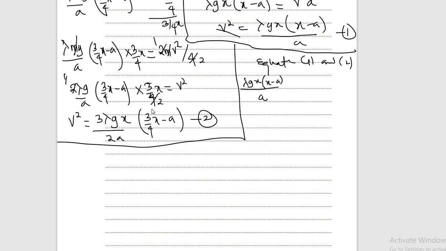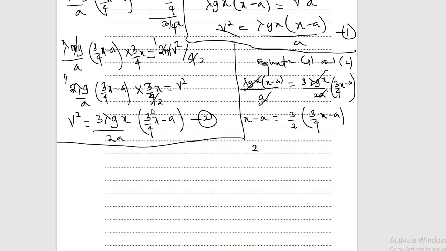The other v squared is 3 lambda gx over 2a, 3 over 4x minus a. Now lambda gx over a cancels out. What is left here is x minus a equal to 3 over 2, bracket 3 over 4x minus a.